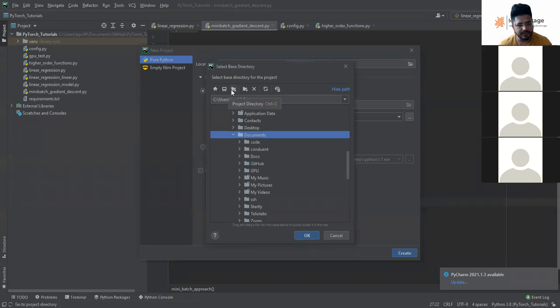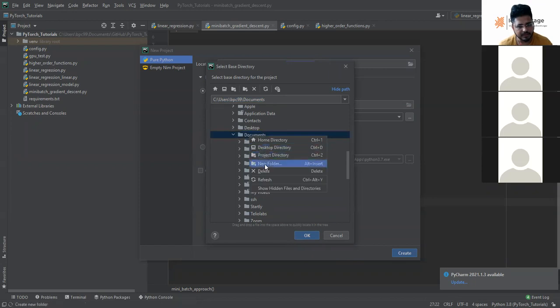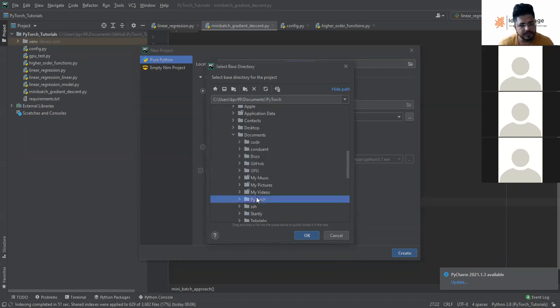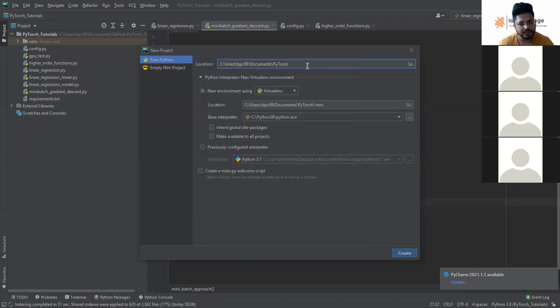We create a folder. Here we create a folder, inside PyTorch, class 1.